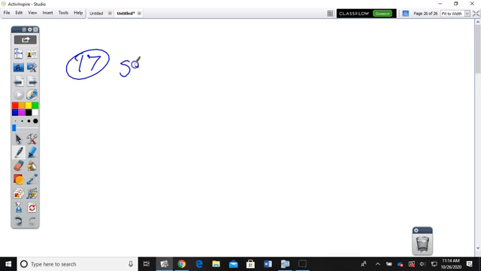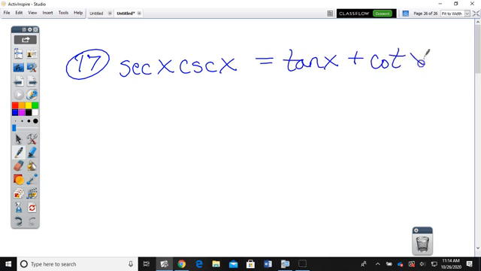17. Secant of x times cosecant of x equals tan x plus cotangent x. Left, right, doesn't matter really.